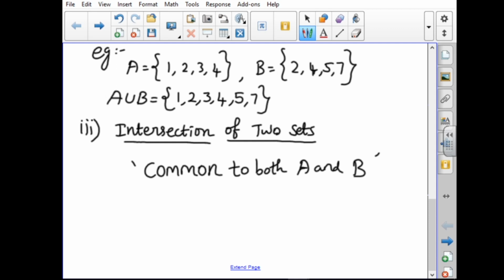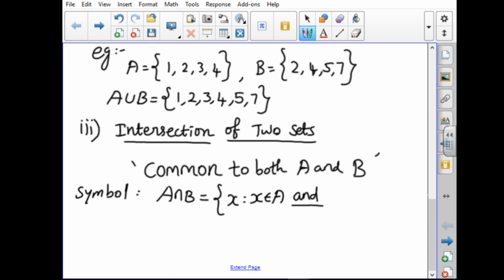So in symbol, A intersection B is equal to the set of X such that X belongs to A, and for union we use the word 'or', for intersection we use the word 'and'.